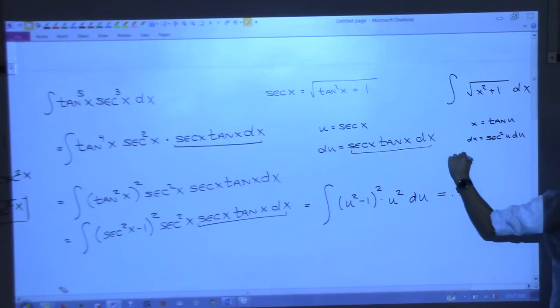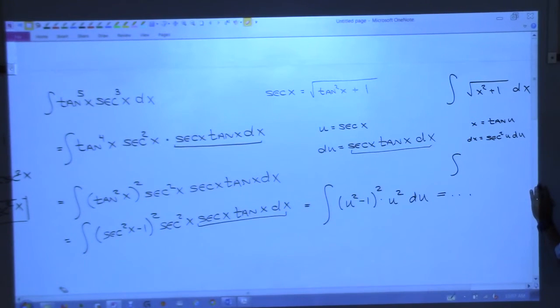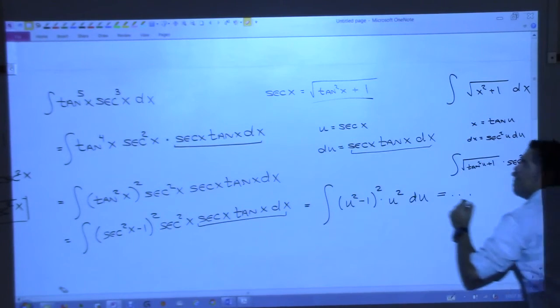Are you with me or not? Okay, rewrite this problem. What is it? The square root of tangent squared u plus 1, times dx, which is secant squared u du. But what's the square root of tangent squared u plus 1? That's secant u.